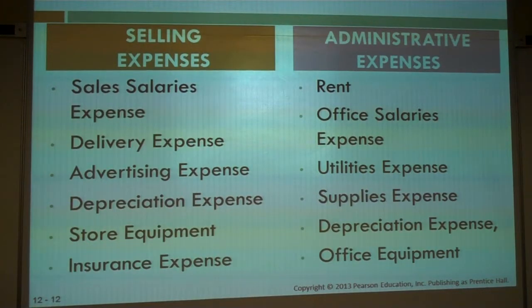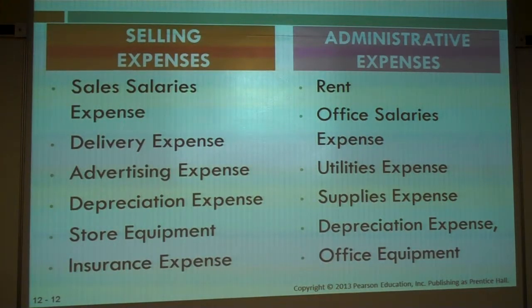Expenses that we need while we're selling our product: sales salaries expense, delivery expense, advertising expense, depreciation expense, store equipment, insurance expense. I think we need store equipment depreciation expense there, instead of just a dot with the store equipment. What would store equipment be? An asset, okay.